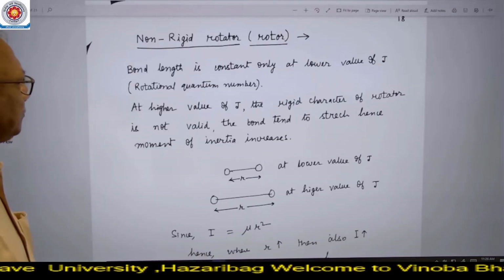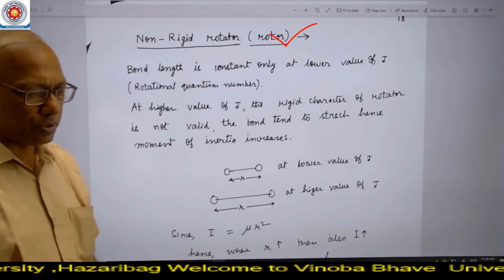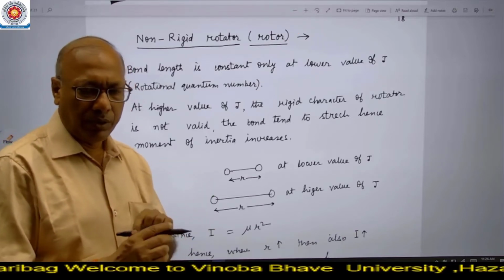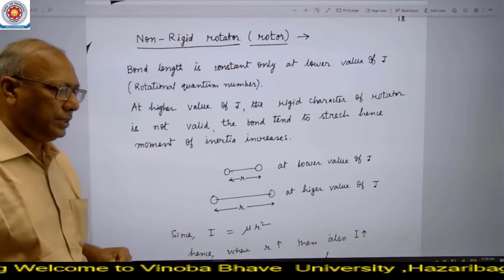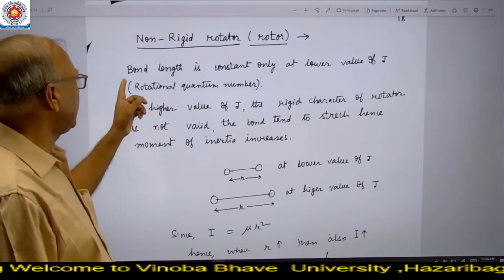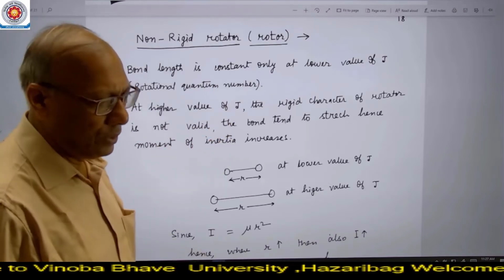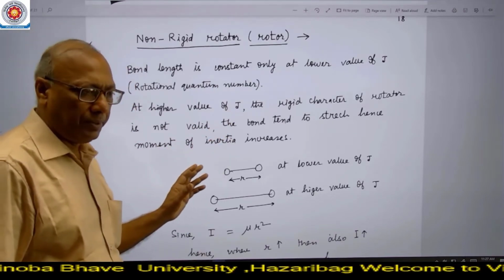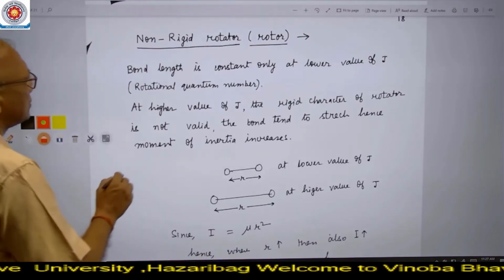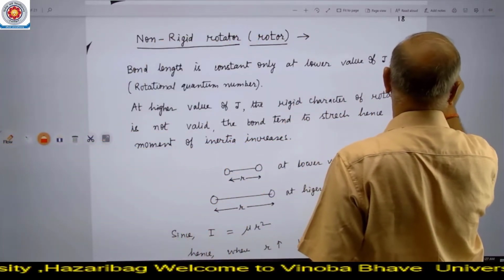Non-rigid rotator. This is also called a rotor, but in general it is called a rotator, because when the molecule rotates, it is due to the rotational energy that the rotational spectrum is obtained. Here we can say that bond length is constant only at lower values of J. Just in the beginning of this chapter, I have explained what is the meaning of a rigid rotator or non-rigid rotator.